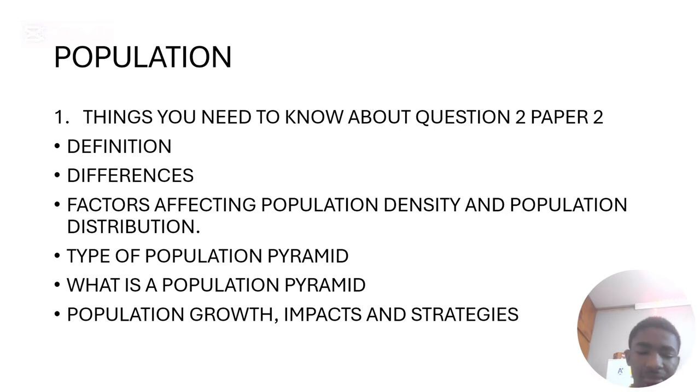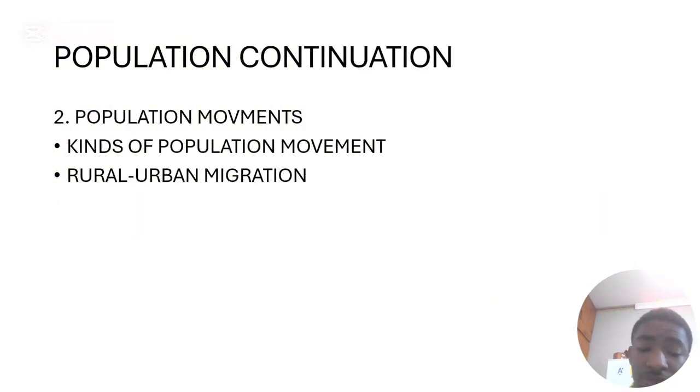Now we'll also be focusing on population movement. So we know population movement, they speak about migration and immigration. Then kinds of migration, rural-urban migration, which is the simplest and which is one of the topics I like in geography. The next slide.